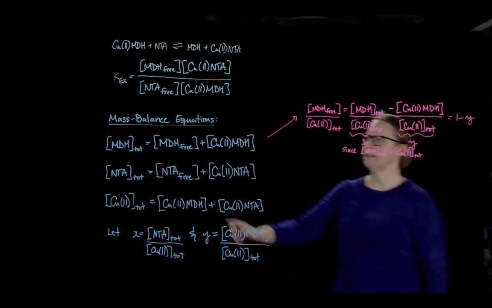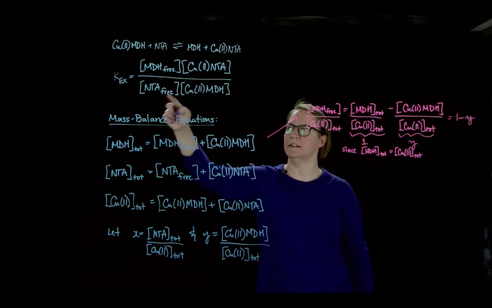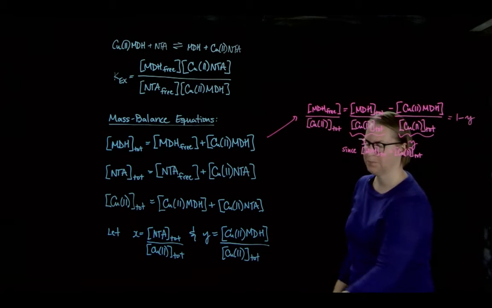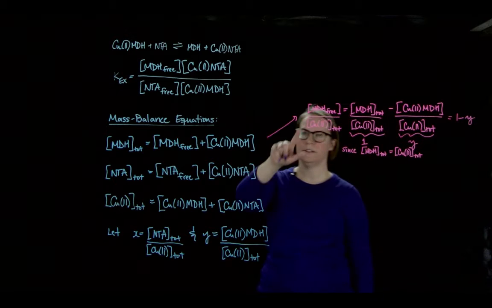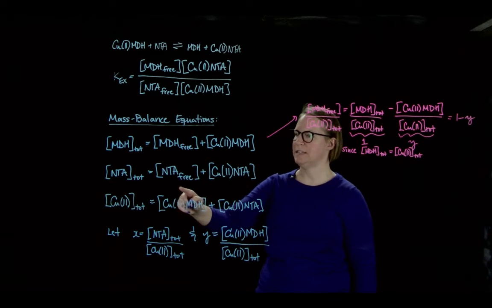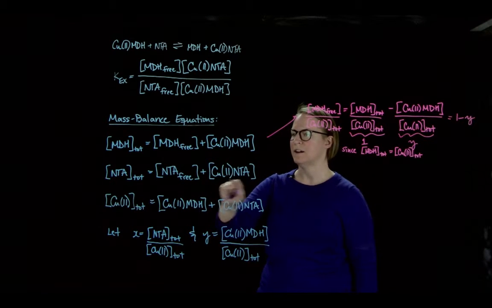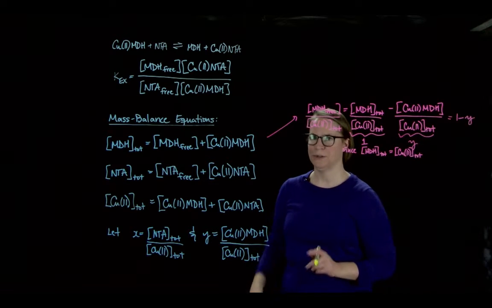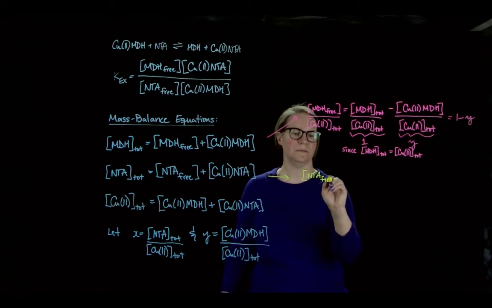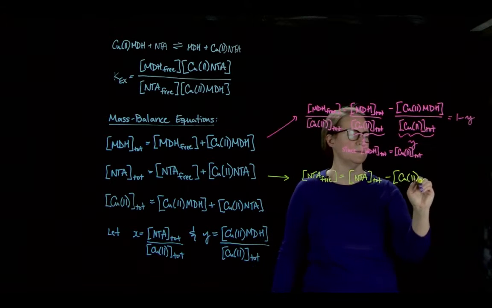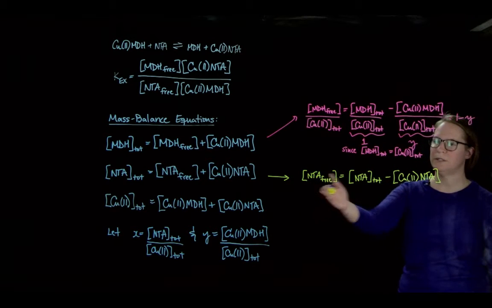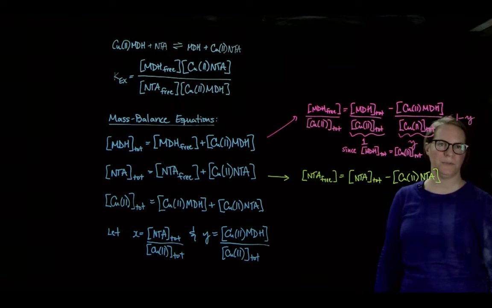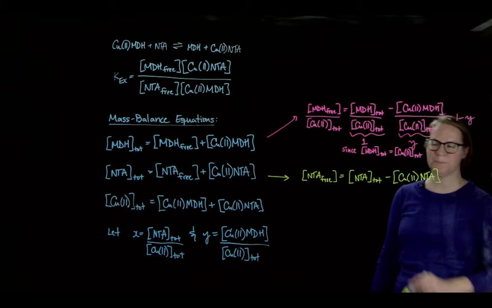Now let's look at NTA free in our equilibrium expression. Similarly to MDH, we're going to solve for NTA free by subtracting the concentration bound to copper 2. Again, we'll take the resulting expression and divide everything through by the concentration of copper 2.